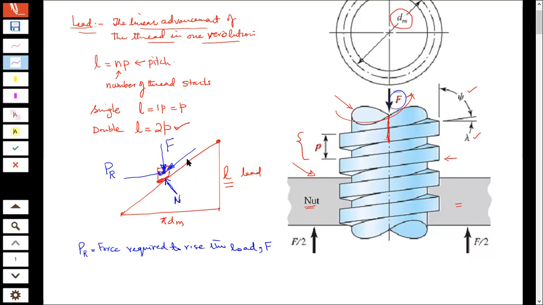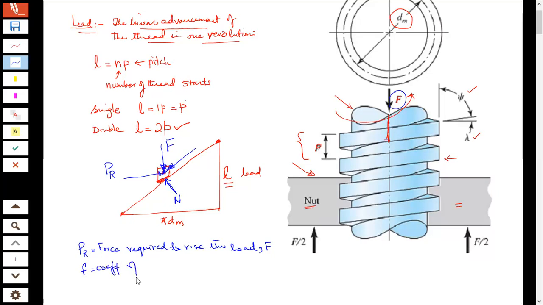So how much will this resistance be if the coefficient of friction between the plane and this load is small f?